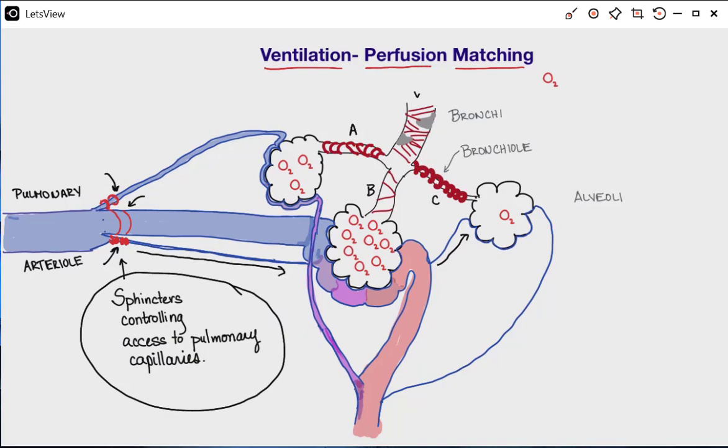Alveolus B is getting the vast majority of the blood because it represents the best opportunity to oxygenate the blood. And again, that is because it has the highest partial pressure of oxygen. And therefore, the stronger the gradient, the more oxygen is going to move into the blood. So this hopefully makes sense. Let me show you the book's pictures showing the same thing.